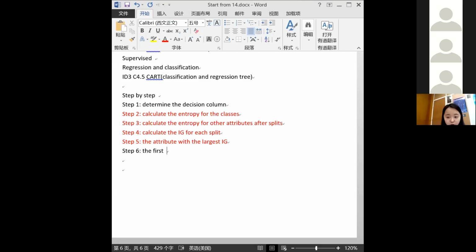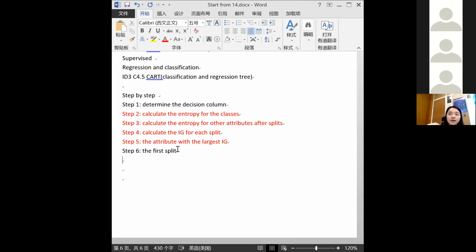We will perform the first split. So the whole samples are being divided into two subtrees, or into 3 subtrees, or into 4 subtrees. It depends on the attribute. For an attribute like the weather, it can be raining, it can be cloudy, and it can be sunny.